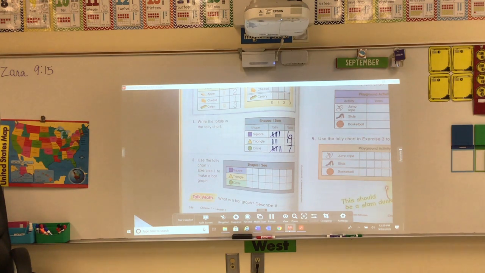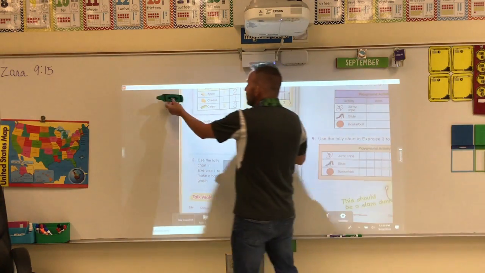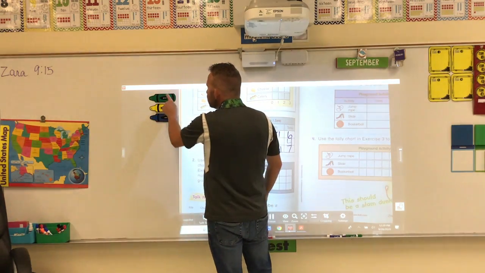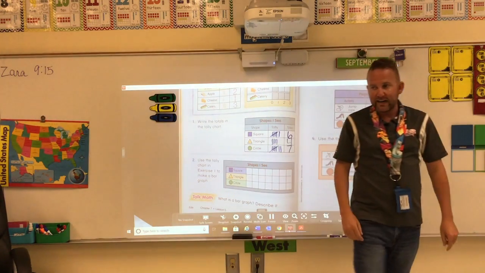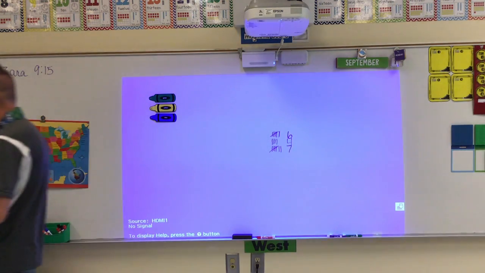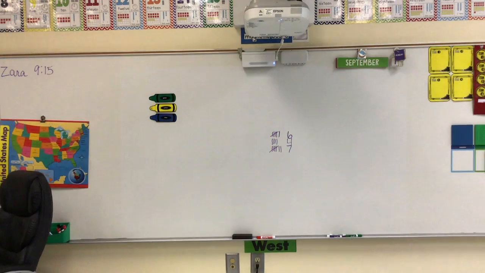What I do in first grade is I want you to learn to read and pay attention. So I'm going to put the 3 crayon colors that you need out right now. Please get those 3 and only those 3 crayons out so we can create our bar graph. I will give you 30 seconds.